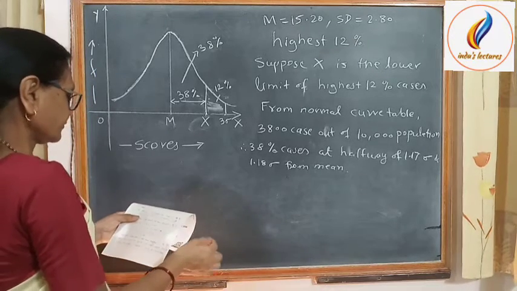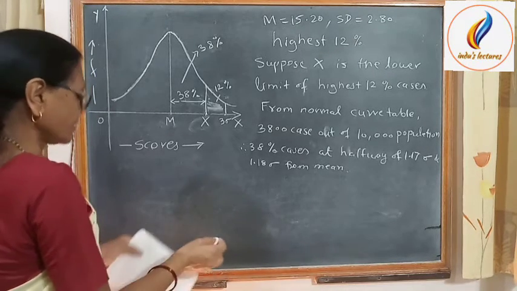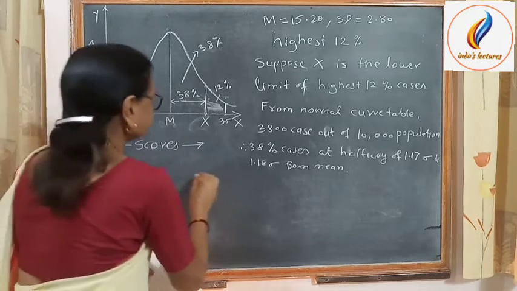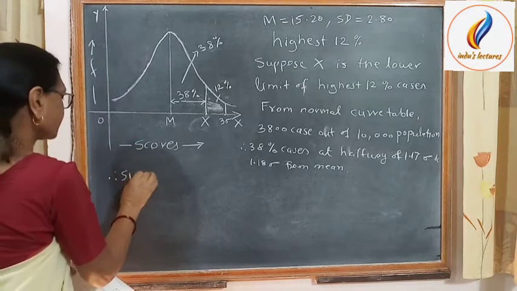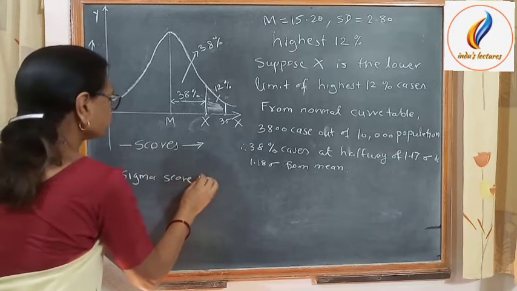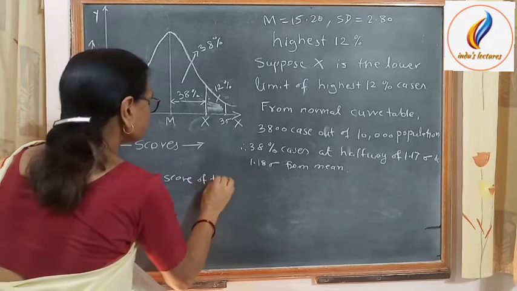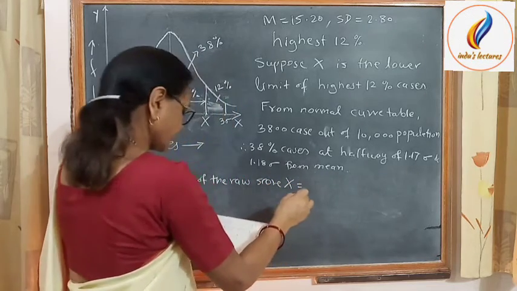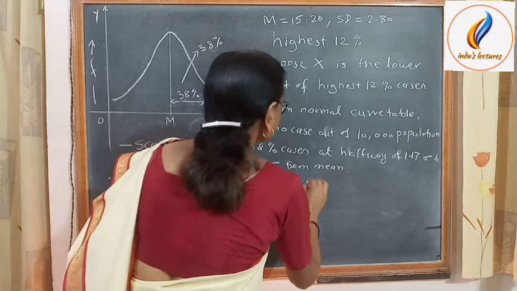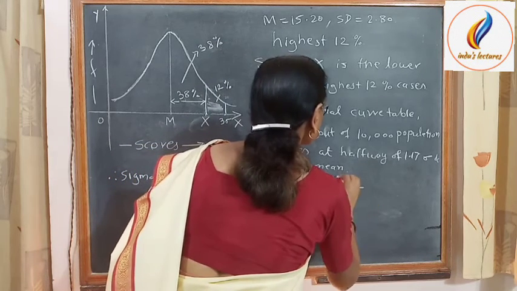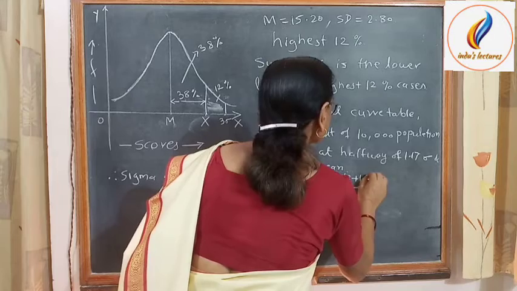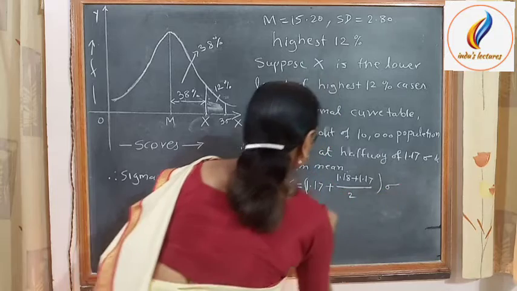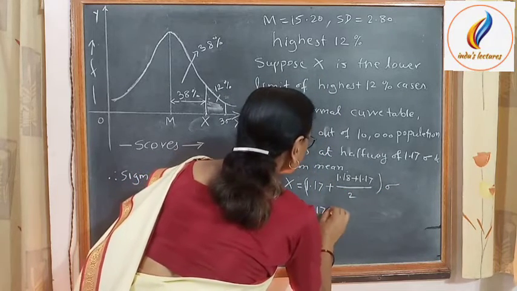So we get the sigma score of the raw score x as (1.18 + 1.17) / 2, which is equal to 1.175 sigma.